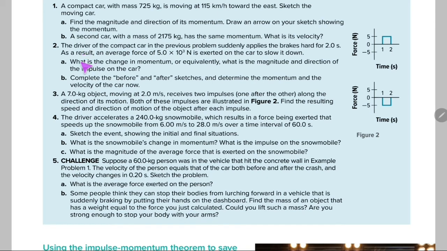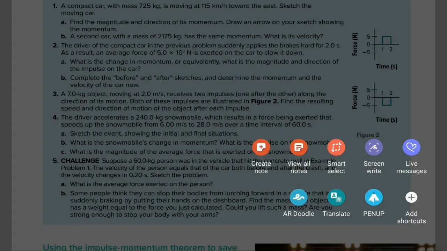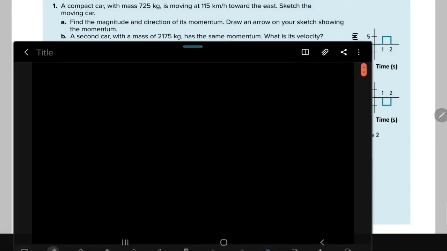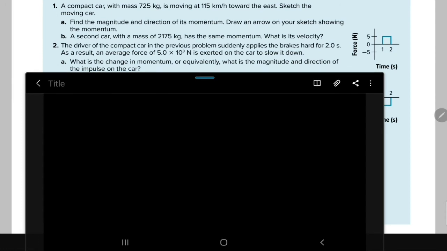In the beginning, we should calculate the change in momentum, or we can find the impulse. If we find the change in momentum, it's the same as the impulse, and if we find the impulse, it's the same as the change of momentum. So how could we find the result? First, we should write the known values for the question. The driver of the compact car in the previous problem suddenly applies the brakes hard for 2 seconds. Here we have 2 seconds, that means we have the time.